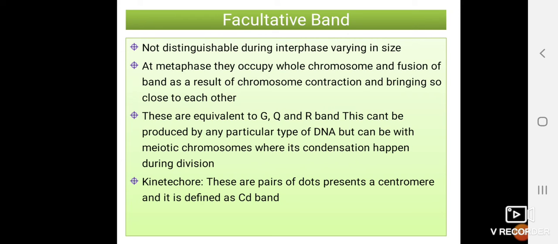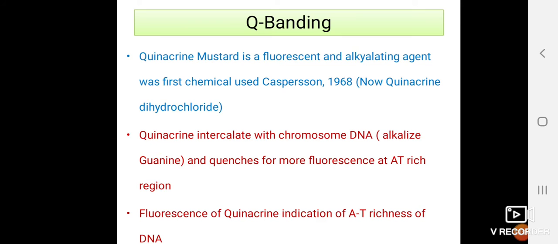At metaphase they occupy the whole chromosome, with fusion of bands as a result of chromosome contraction, and these bands are equivalent to G banding, Q banding, or R banding. And the kinetochore, these are the dots present in the centromeric region, which is defined in the CD band.